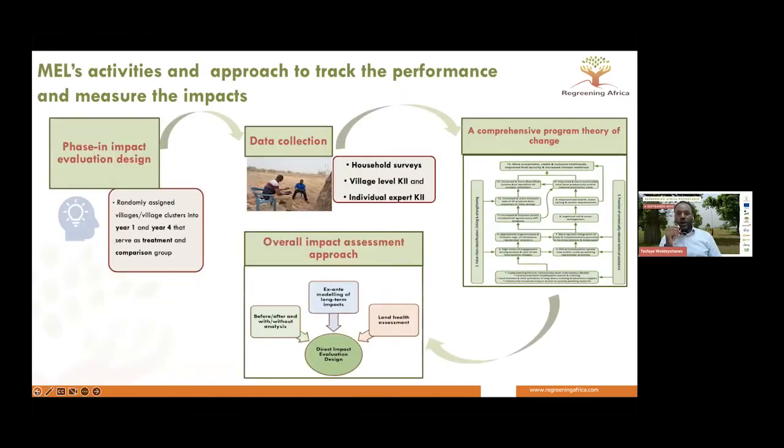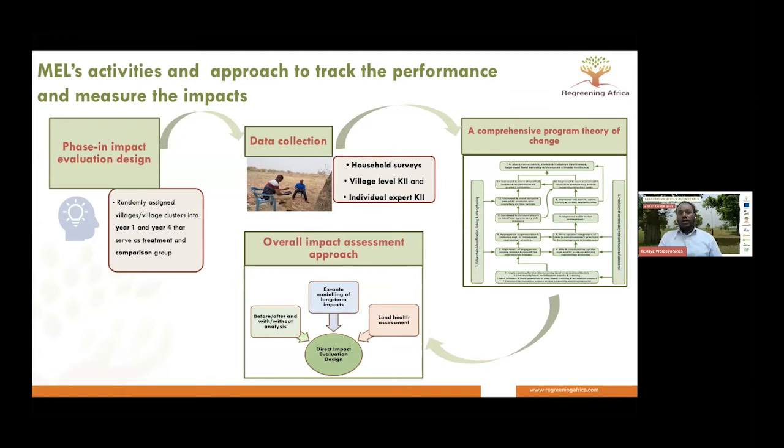The MAIL team developed the impact evaluation design for the program, where the beneficiaries were randomly assigned to be targeted in year 1 and year 4, so that we have a comparison group to control for some of the confounding factors.